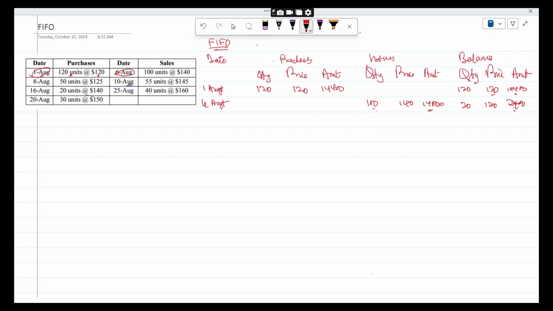Great. Now let's go to 8th of August. So 8th of August, we purchased 50 units by 125. So 50 times 125 gives us 6,250.